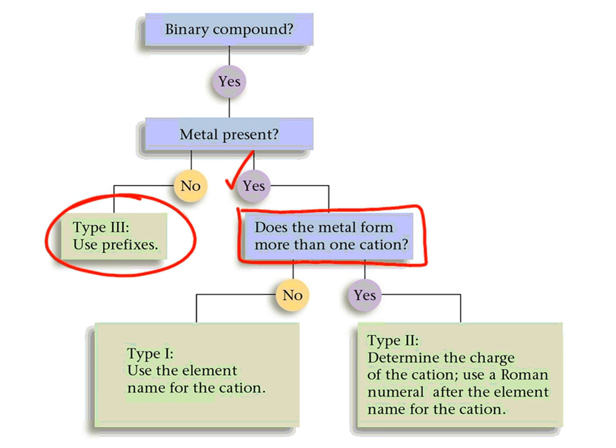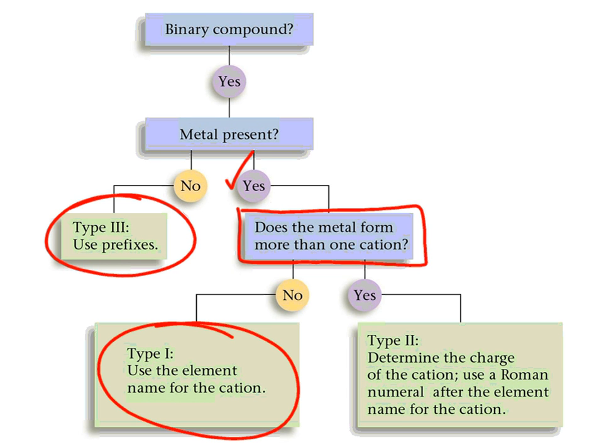Okay, but if a metal is present, which in every single case so far it has been, now we need to know, does the metal itself form more than one cation? And how I know that is, if it's a main group element, right, or silver, right, then it can only form one cation, and that means I'm going to use my type 1 rules, which is the cation's element name, right, silver, and then chloride, or silver nitride, or whatever.